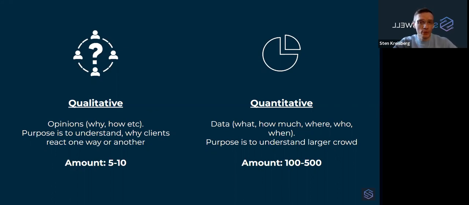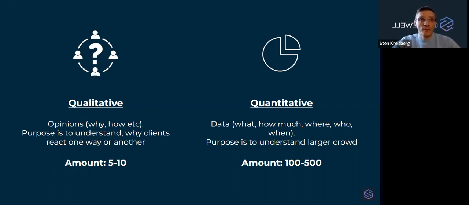Quantitative is also important, but usually you get the answer from a larger crowd, for example, what they do, when they do it, how much, etc. But you don't get the most important thing. You don't get answers to questions about emotions, like why do I feel this way, or what is wrong with this.